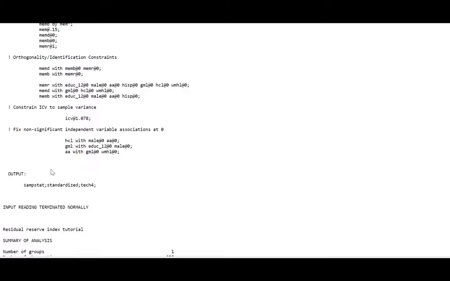Okay, so here I basically found that these relationships empirically, they're not significantly related to each other. So I'm constraining these correlations of the independent variables to zero.